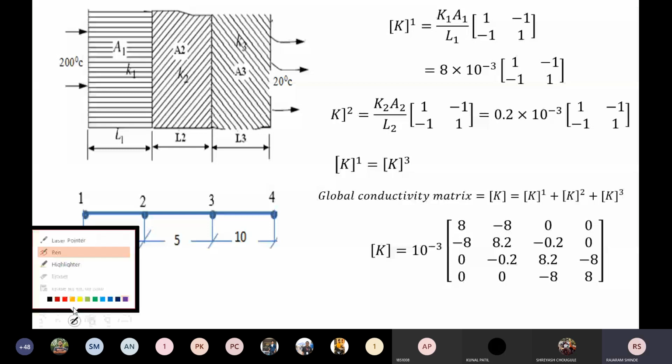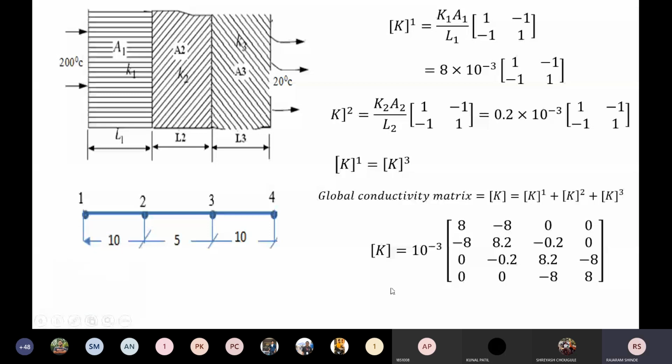Next, after writing this, you write the temperature matrix. What is the temperature matrix? Here it is T1, T2, T3, T4. That is the nodal temperature. There are 4 nodes, and at each node there is only one temperature, so it is a 4 by 1 matrix, 4 rows and 1 column.